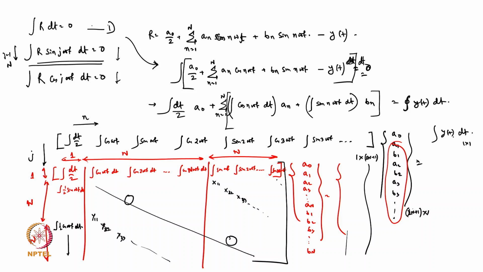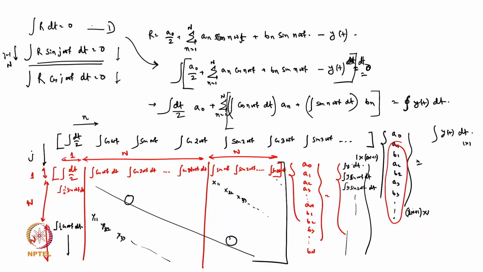Right side is this way: first, if we are doing with the sine, so sine dt, then sine 2 omega t dt, like this way. These are the different coefficients of sine and cos that started coming there. So these will give us the value of A0, B0, like this.